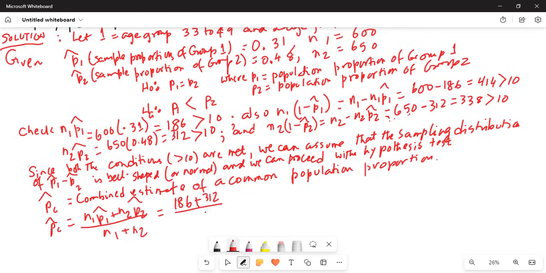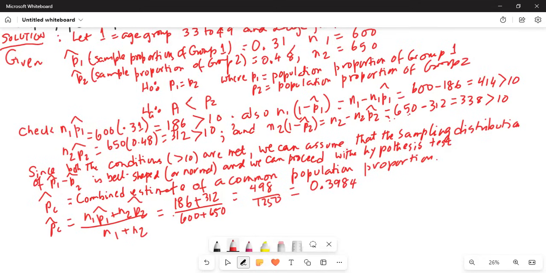And the whole thing is divided by 600 plus 650, which is 498 in the numerator divided by 1250 in the denominator is equal to 0.3984. Okay. So now we are ready to calculate the test statistic, in which we are going to compare the two sample proportions.